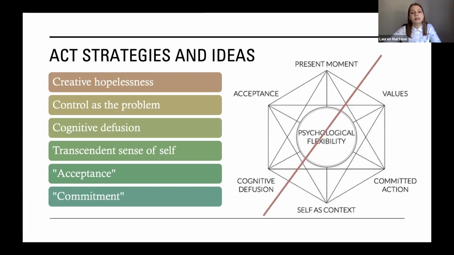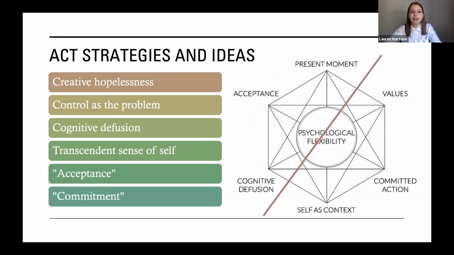So now going into some specific ACT strategies, the first part of ACT is called creative hopelessness or confronting the system. The main idea here is to emphasize what the client has been trying, what that has cost them, and where it's gotten them. Essentially, a lot of clients come in with these hopeless agendas of trying to get rid of their symptoms.